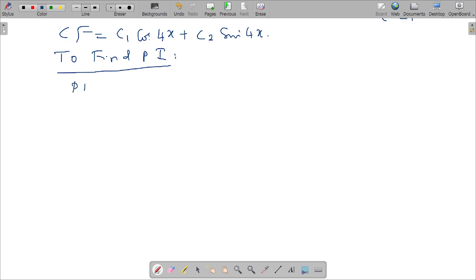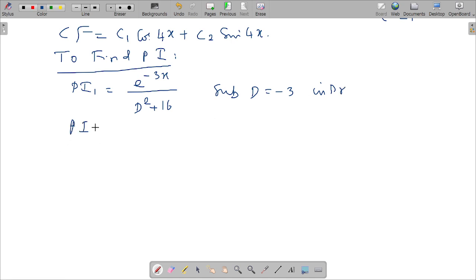To find particular integral 1, what is the right hand side? Right hand side is e power minus 3x. Left hand side is D square plus 16. If it is an exponential, you have to substitute D equal to minus 3 in the denominator.